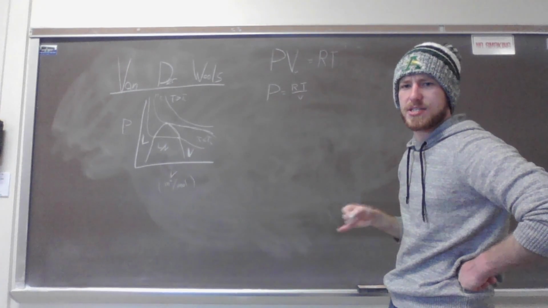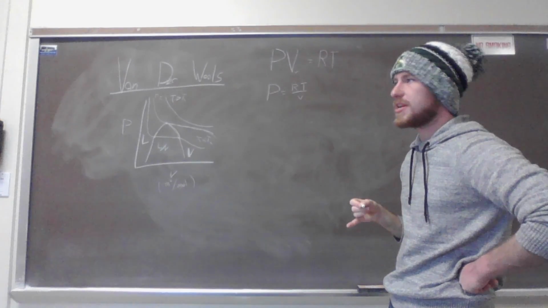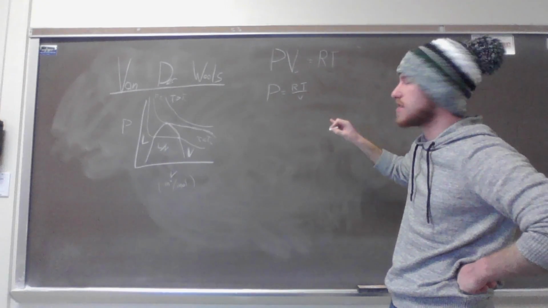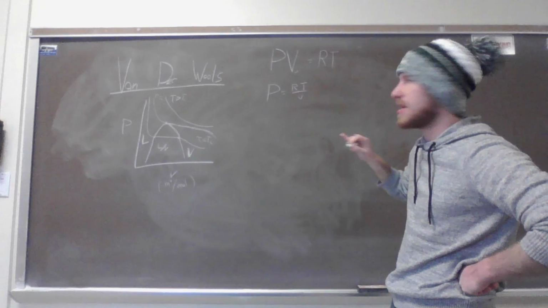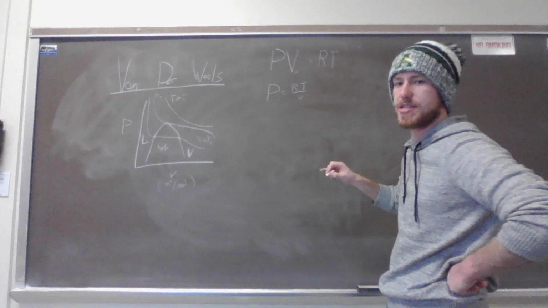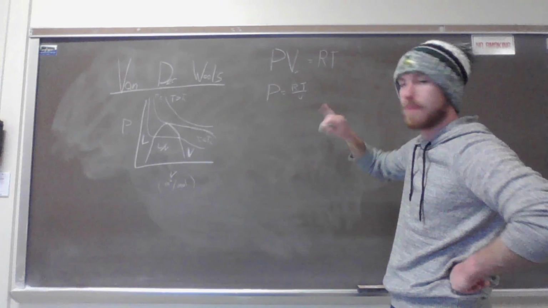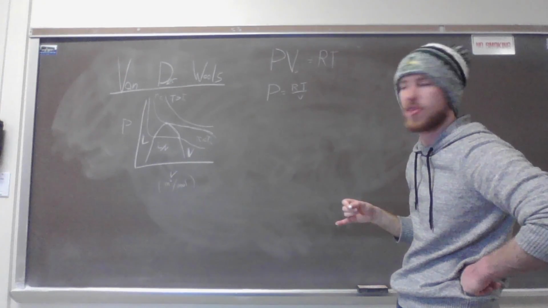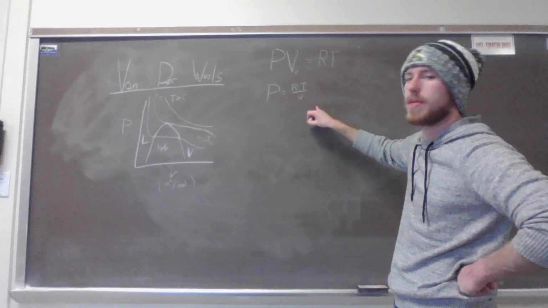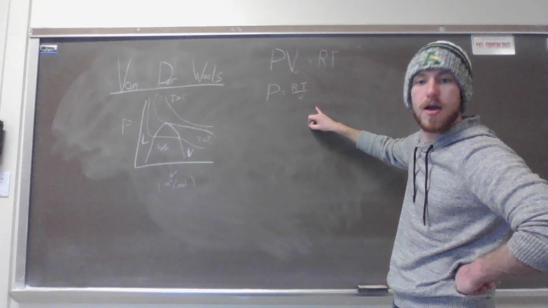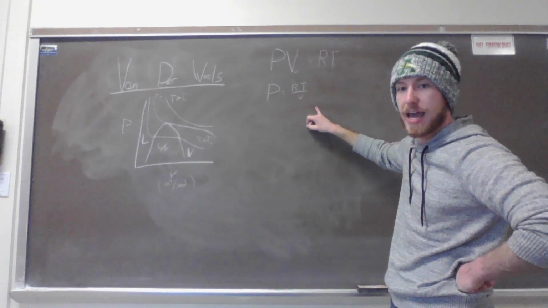What happens when a gas is non-ideal? So what he does is he adds terms to this equation to make it apply for non-ideal gases. So the first thing he does is says, well, the volume available to the gas to make pressure, to bounce along the edge of the container and cause pressure, is not just the volume of the container, it's the volume of the container minus the volume that the gas particles take up.